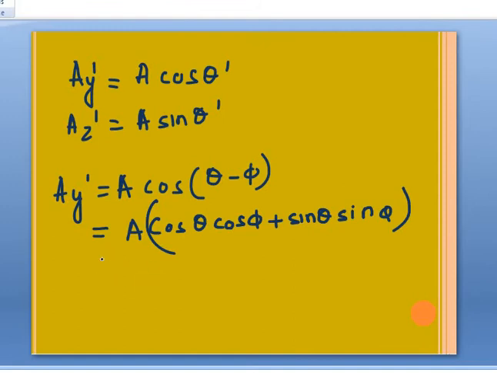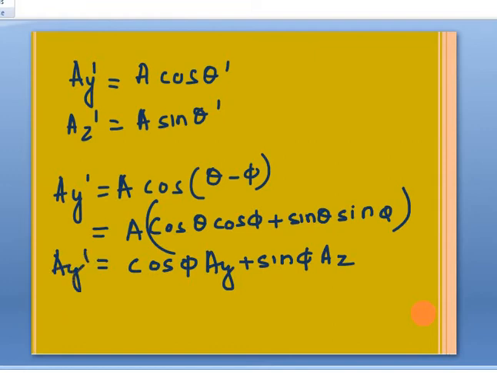On solving, you will get cos phi AY plus sin phi AZ. I hope this is clear. We can repeat once again. Now I think this is not difficult. If you take here, this is A cos theta cos phi. A cos theta is AY.